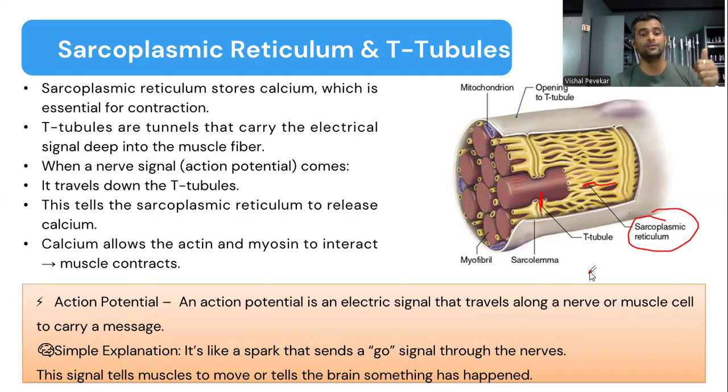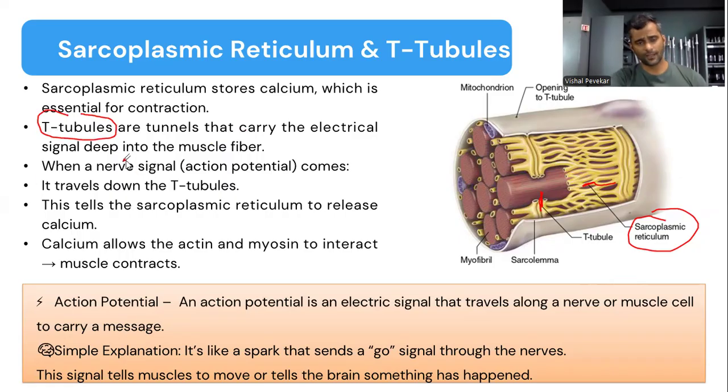There you have one chemical messenger, ACh, which I discussed in, I think, the second episode. This helps carry the signal from the junction into the muscle, and for it to travel into the muscle, it has to travel through the T-tubules. These are the tunnels through which your signal is carried deep into the muscle fiber.